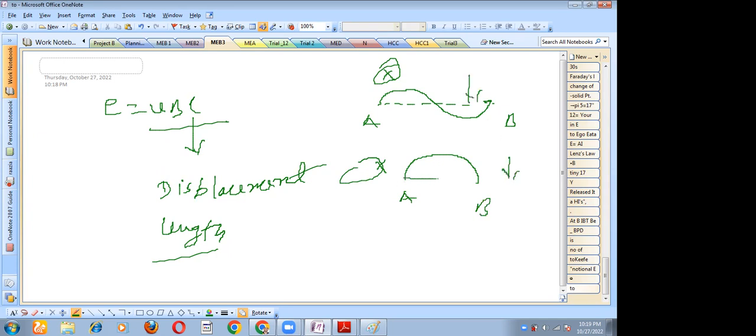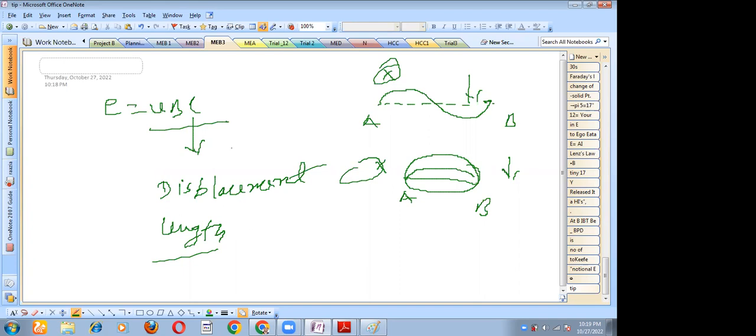So what will be L? L will be this diameter. Getting my point? So in the formula of VBL, L is basically the displacement length, not the total length. Understood my point? Yes, sir.